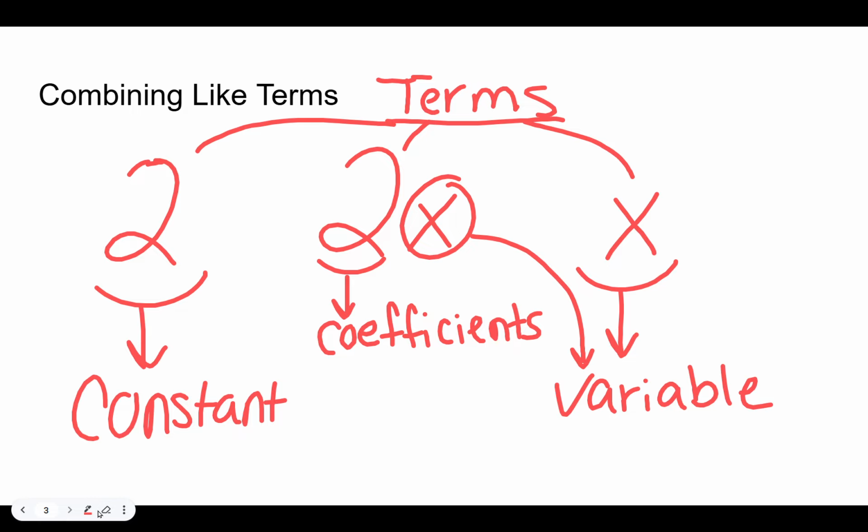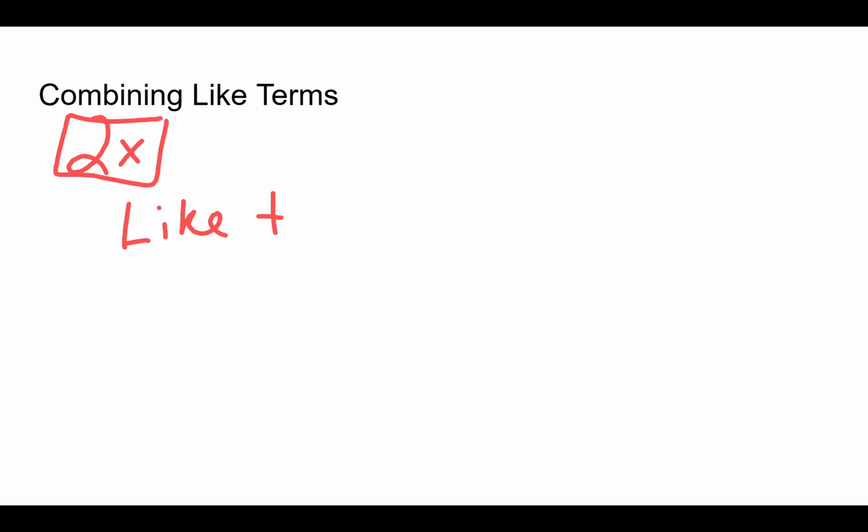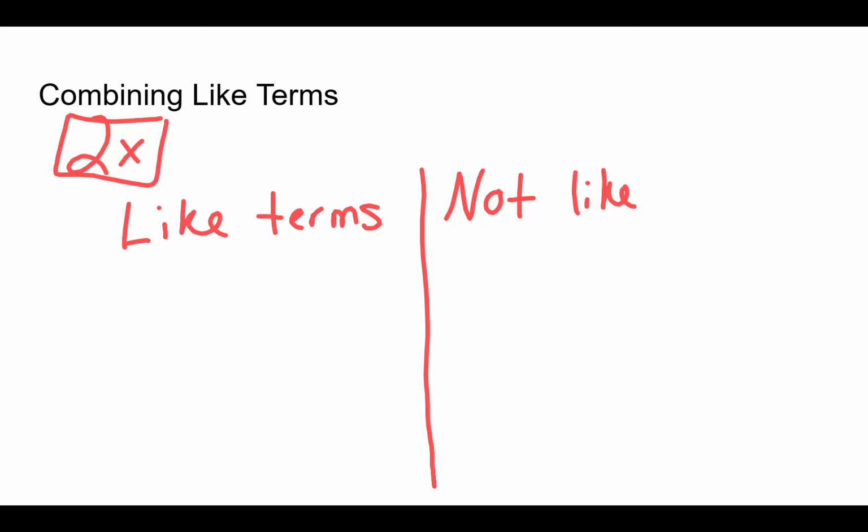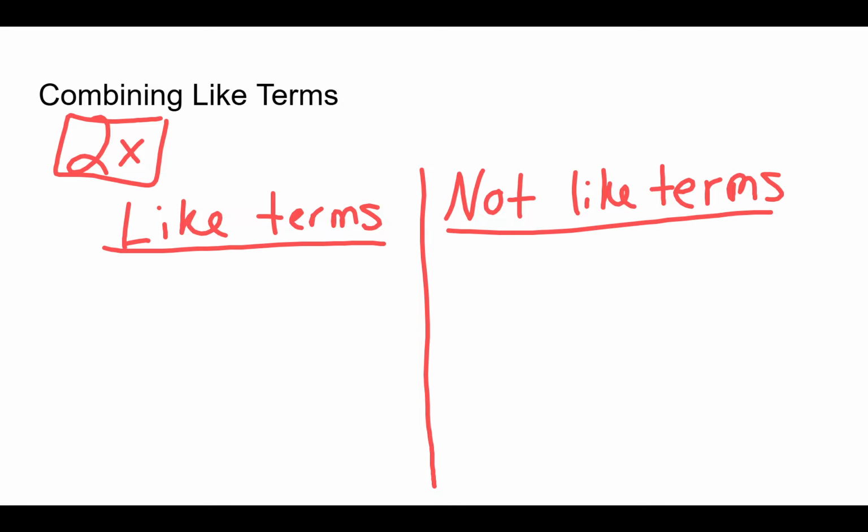Let's talk about like terms. What makes a like term? Well, I'm going to show you like terms and not like terms. There's two main things that make something a like term. A like term has to have the same variable and the same exponent.